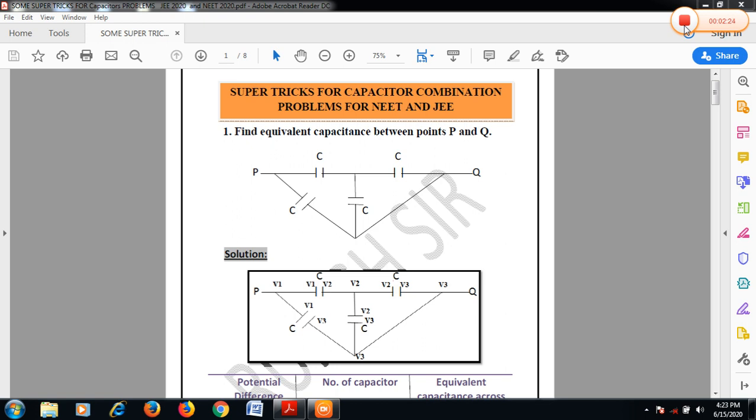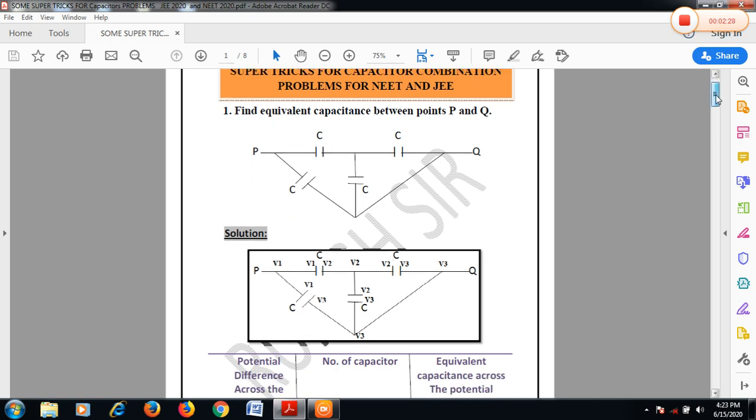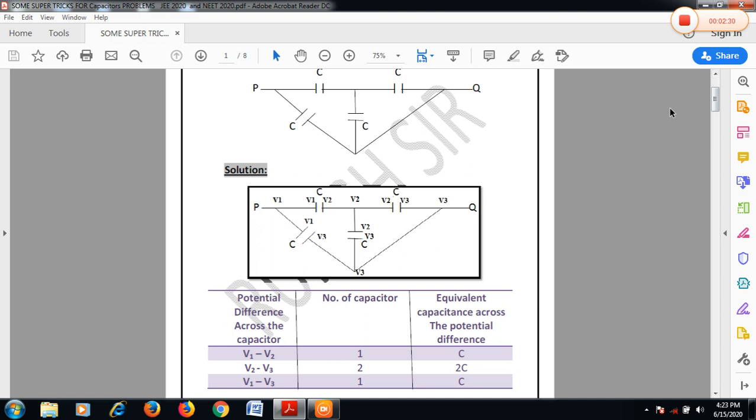As I have said, here we first need to find the common potential across all the capacitors. For doing that we have named the potential points first. This point has been named V1, this is V2, and this point is V3.